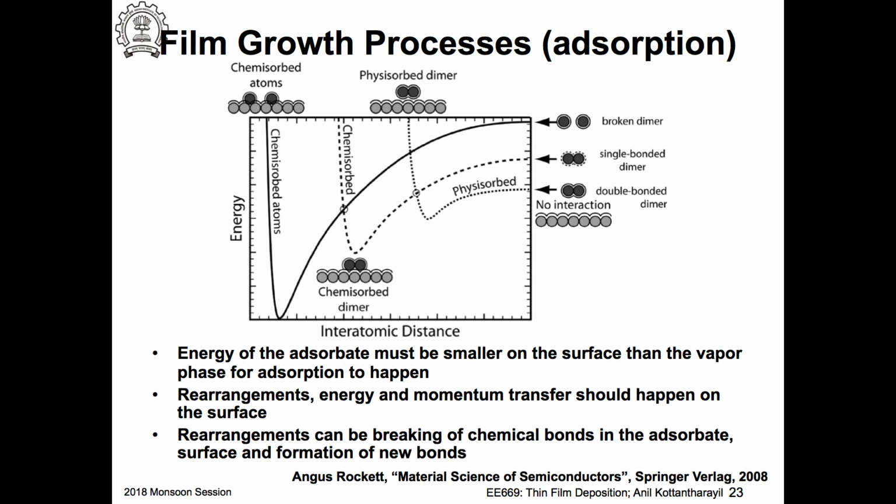Now there are processes where you have a double bonded dimer coming onto the surface, but at some point if you provide surface energy, this can break and then go into a chemisorbed state.